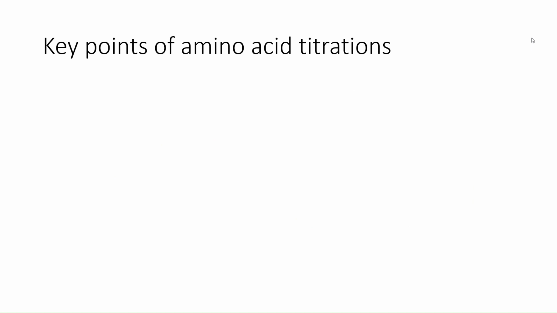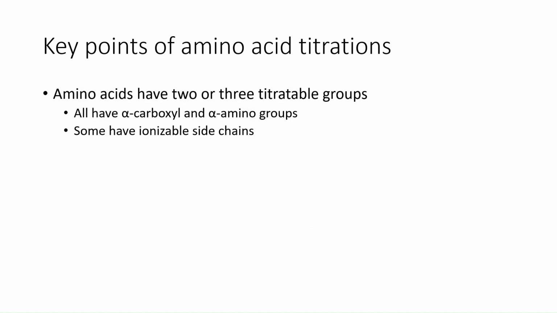So now that we've gone over that, we can talk a little more about titrating amino acids. We've looked at this already when we talked about titrations of buffer, but now we're going to go into more detail about the specific functional groups on an amino acid. Most or all amino acids have 2 or 3 titratable groups.